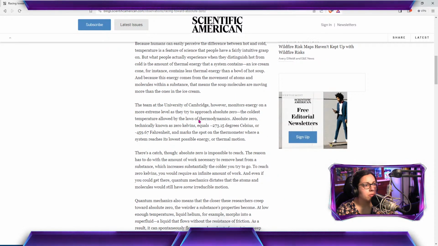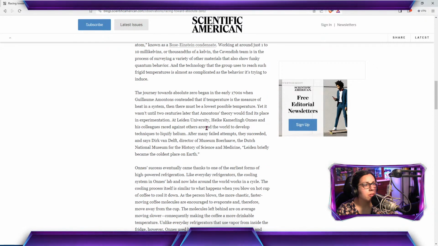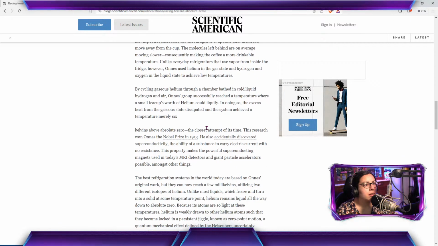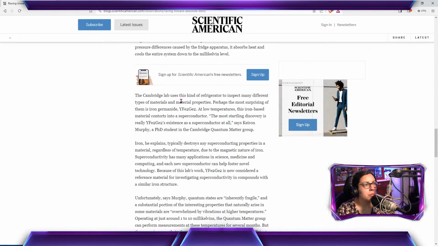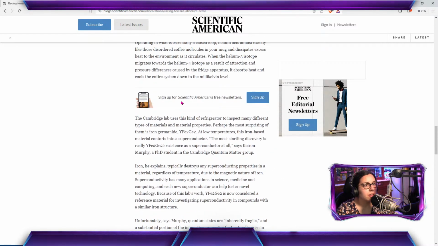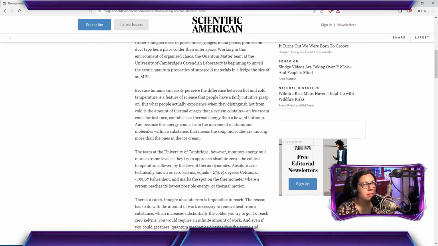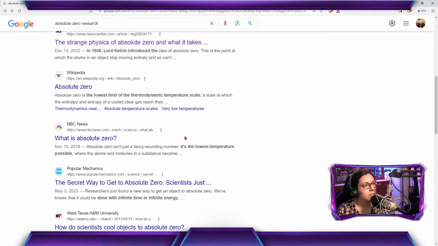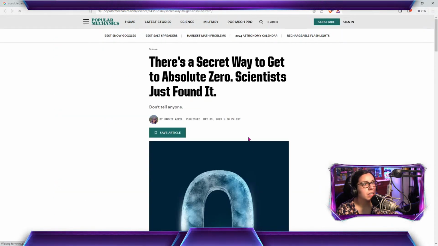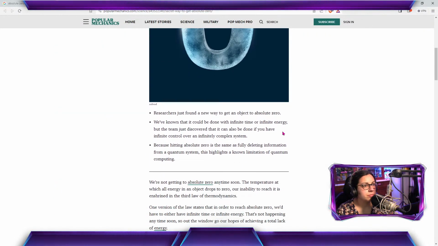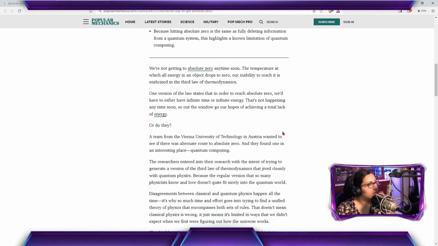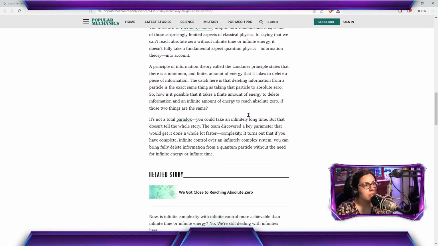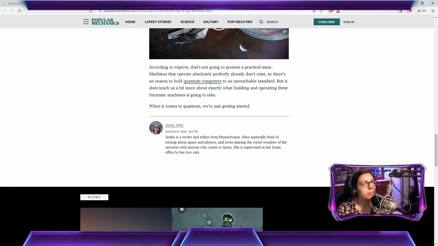So this is one about the University of Cambridge where they're trying to get down really low. I thought there was some research out of MIT as well, but basically it goes into all these elaborate ways of how they're trying to isolate it. Other articles. Here we go, Popular Mechanics. There are a bunch of different teams.